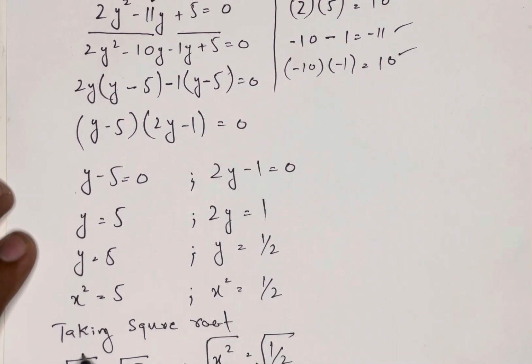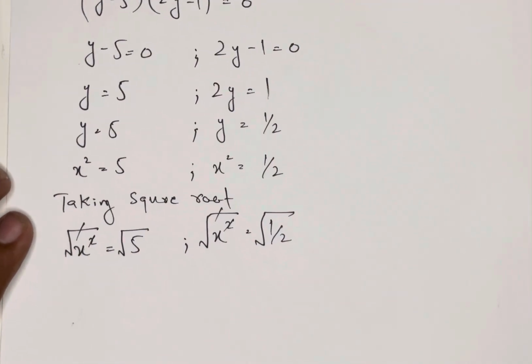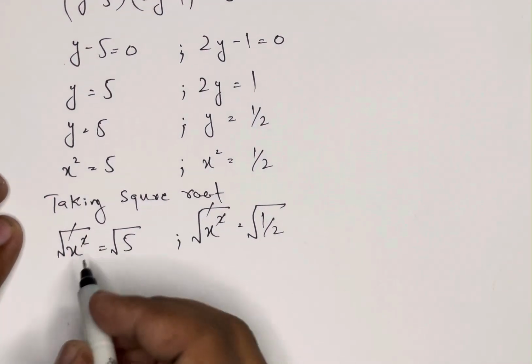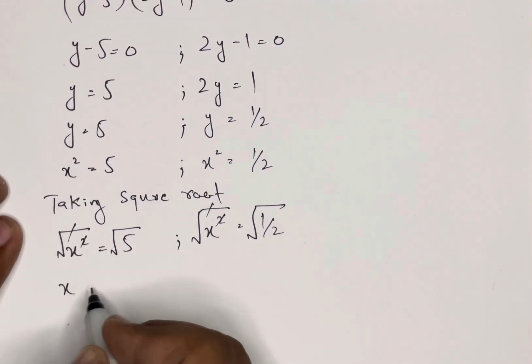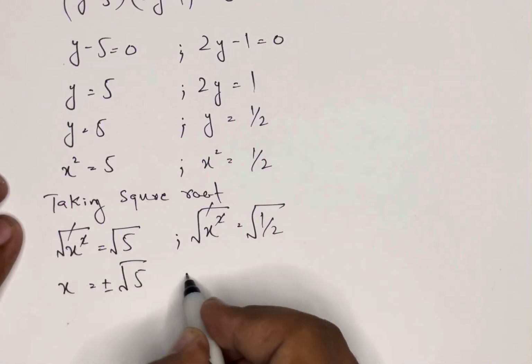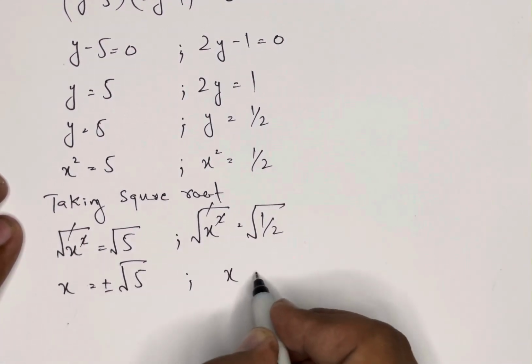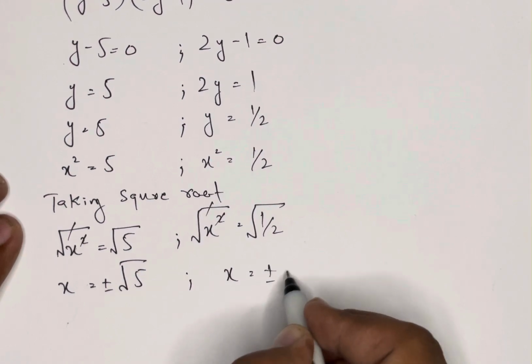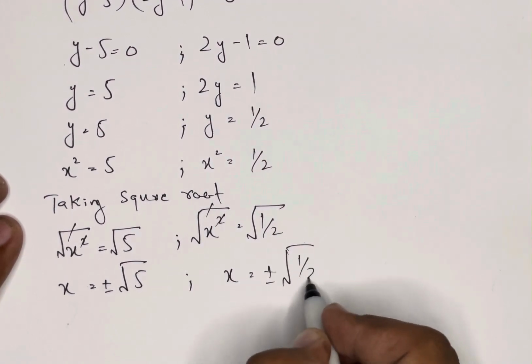The square will cancel the root, and the equation will become x is equal to plus minus under root 5, while on the other side x becomes plus minus under root 1 over 2.